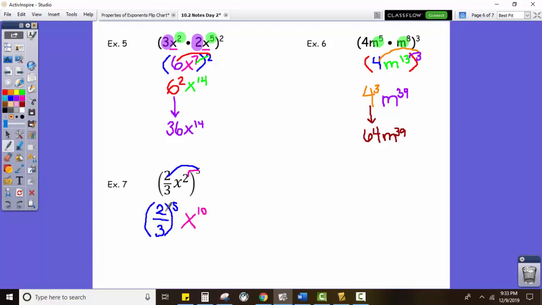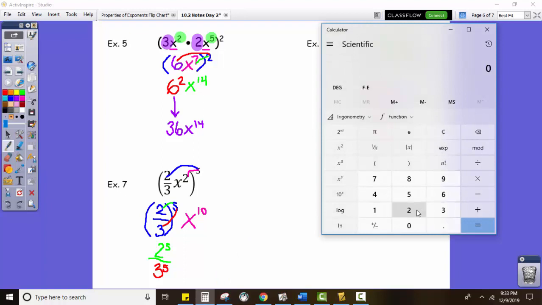Now, when I take care of 2/3 to the 5th, that would be 2/3 times 2/3 times 2/3 times 2/3 times 2/3. Most of you don't want to write it out longhand though, so you can take the exponent of 5 and give it to the numerator and the denominator. So numerator would be 2 to the 5th, denominator then would be 3 to the 5th. Okay, then I need to evaluate what's 2 to the 5th, so 2 times 2 times 2 times 2 times 2 equals 32.